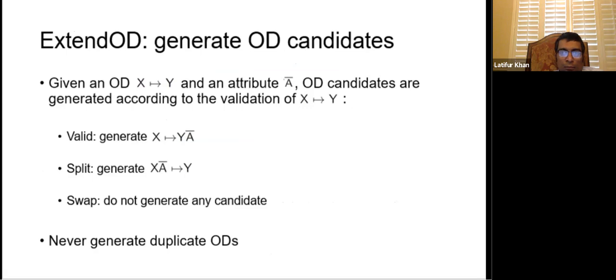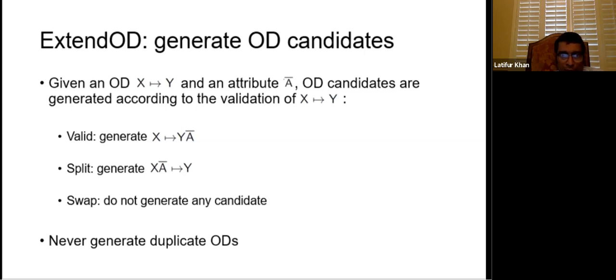Now, I will talk about how the search space of OD candidates is generated. This is called the ExtendOD algorithm in the paper. Given an OD X orders Y and an attribute A with an overline, where overline means either ascend or descend, OD candidates are generated according to the validation of X orders Y. There are three cases.